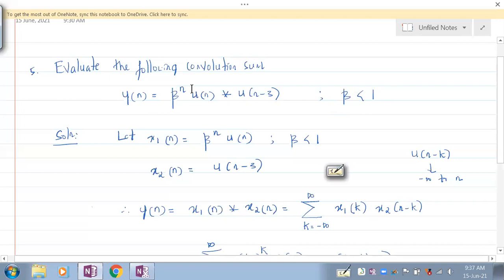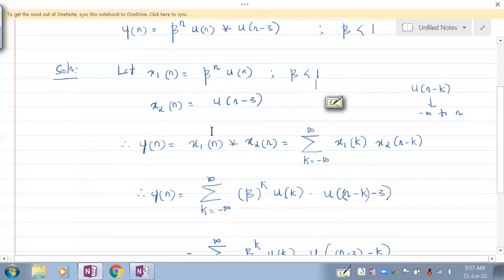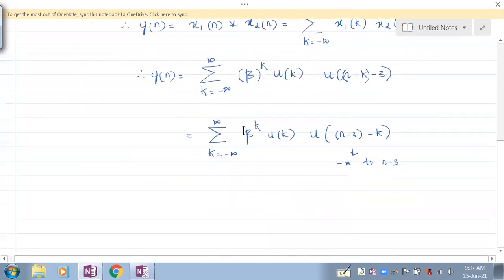So this beta being less than 1 is very important because that is when we understand what type of an exponential this is. Can you now tell me if beta is less than 1, what type of an exponential is this? Is it a growing exponential or a decaying exponential?